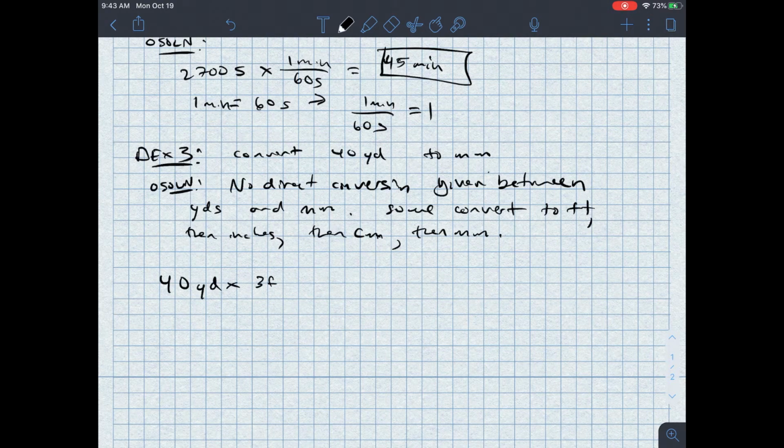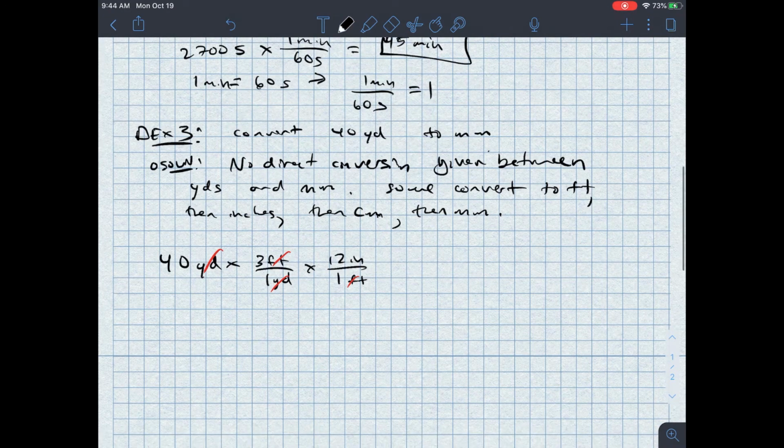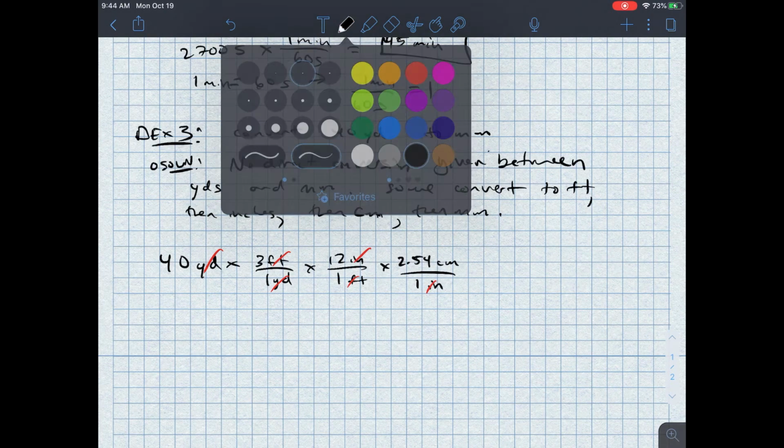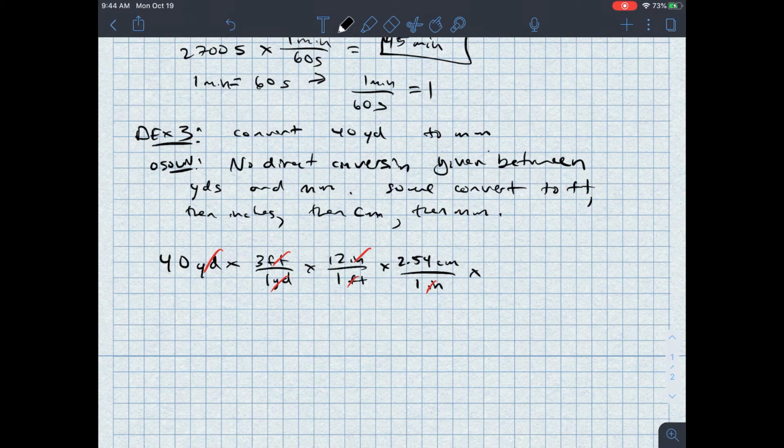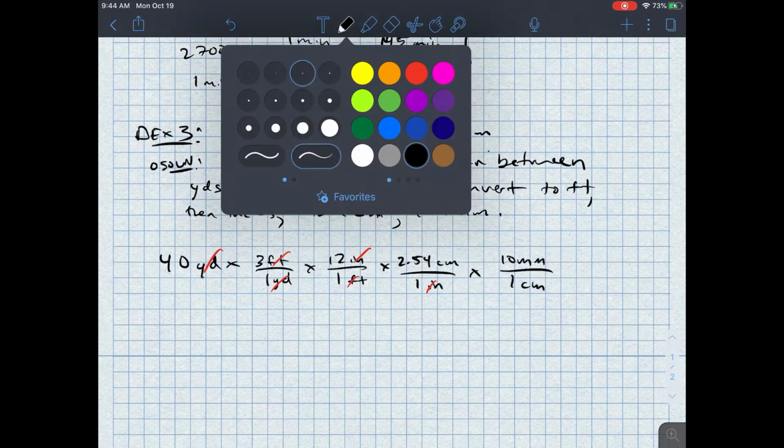40 yards. I know that 3 feet are 1 yard. I also know that there are 12 inches per 1 foot. So if I keep up with my cancellations here, I've got yards canceled, feet are canceled. I'm down to inches. And then I know that there are 2.54 centimeters in 1 inch. So the inches cancel. And then I can convert centimeters to millimeters. There are 10 millimeters per 1 centimeter.